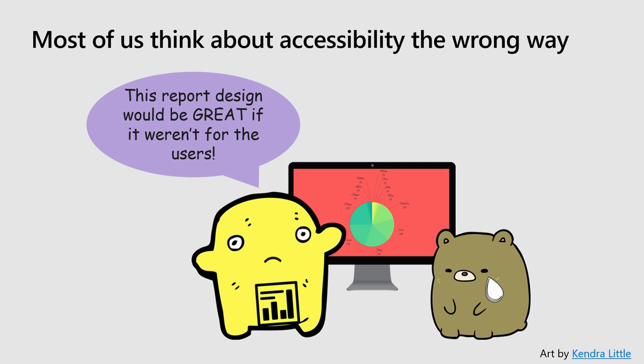But what we really need to do is actually figure out who's going to use our report. Who's in our intended audiences? Do they have any disabilities? What are their preferences for the way they work? Because ultimately, our end user getting information out of our reports and using those reports is the measure of success.